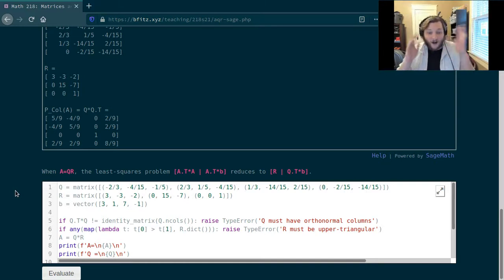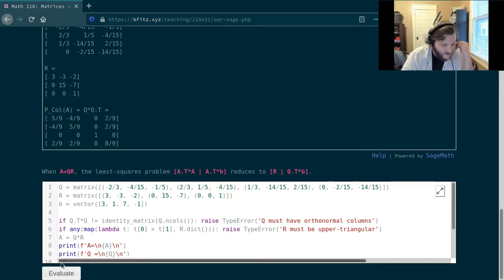I call that a simplification because the matrix R there is upper triangular, and we can quickly solve the simplified least squares system with back substitution. In this code, I've predefined a matrix Q and then a matrix R, and then I've input a vector b. If you're working on a problem, you can adjust these definitions as necessary.